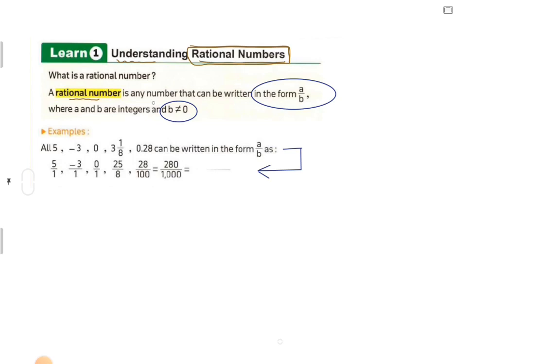Any number like 3, if I can write 3 as a over b as a fraction, then I can say that 3 is a rational number. Okay? But we have an important condition that b not equal to 0.